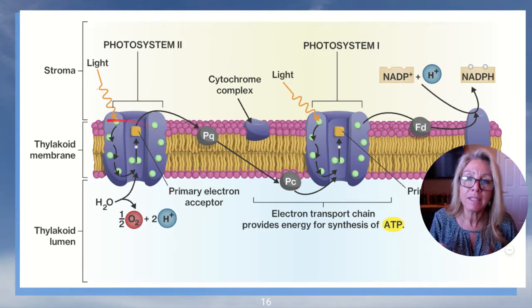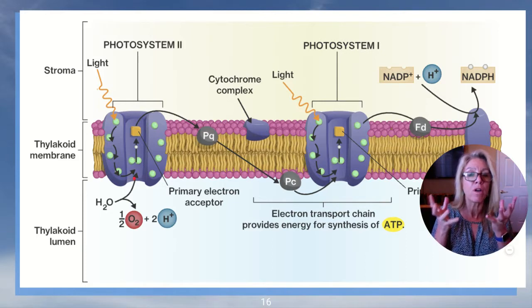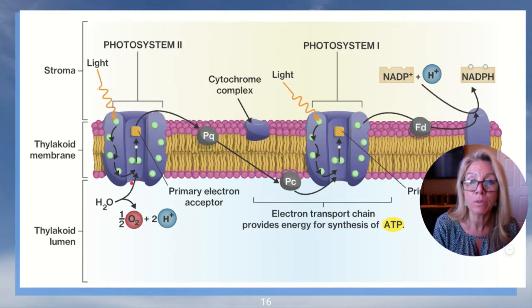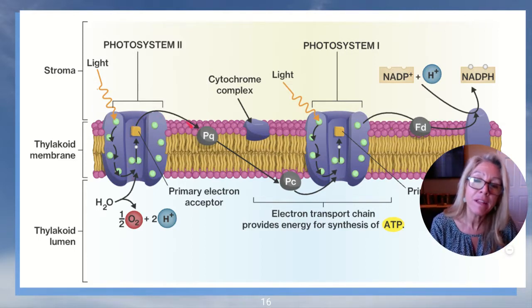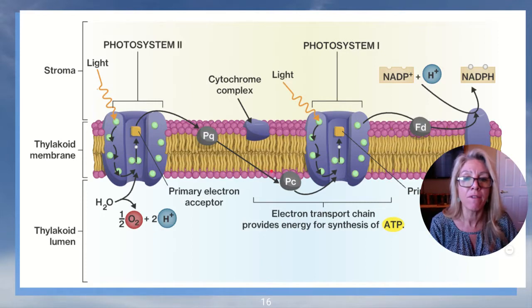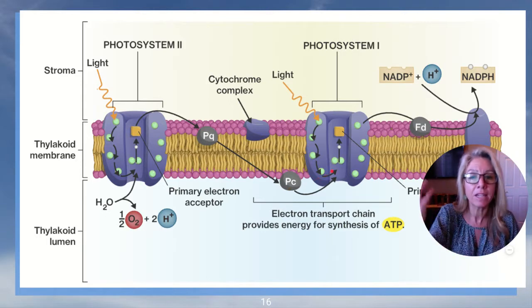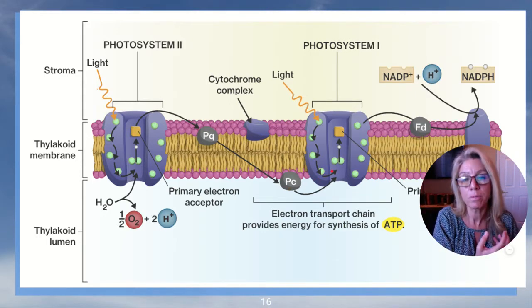And what is inside of these photosystems are various pigments that can capture that light energy and become energized by it. The electrons within them get excited, and then they move through a series of acceptors within the membrane of the thylakoid. And then they can pass these electrons along in an electron transport chain.